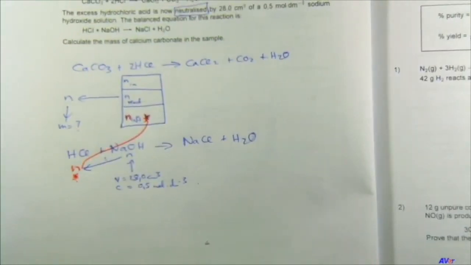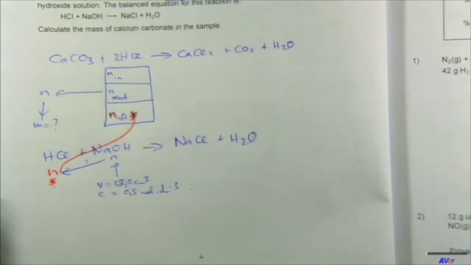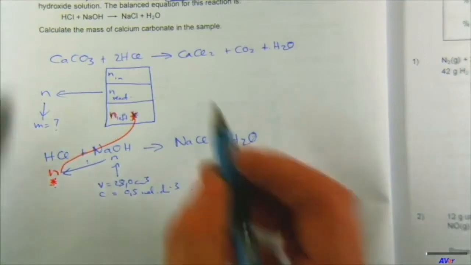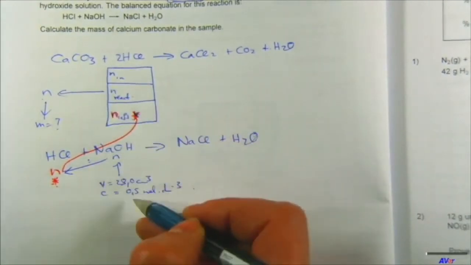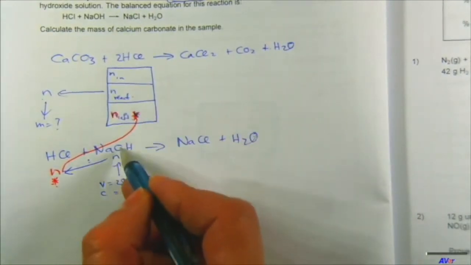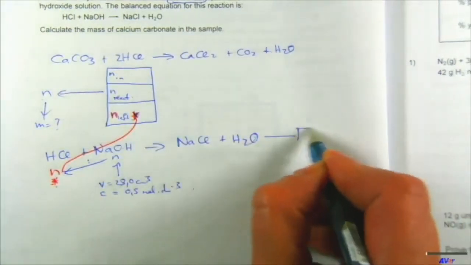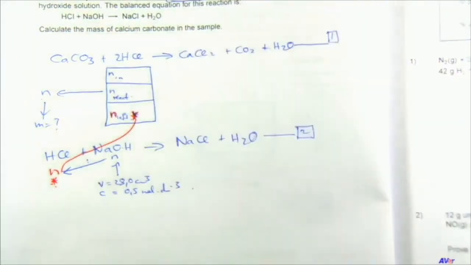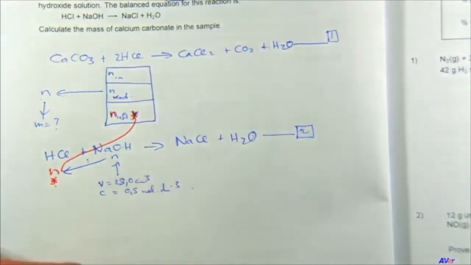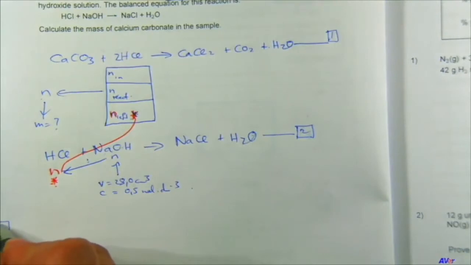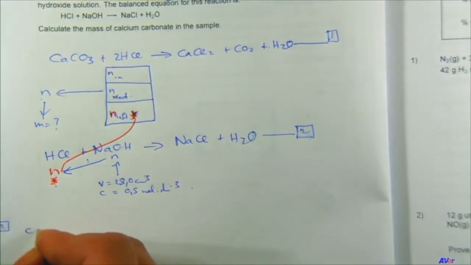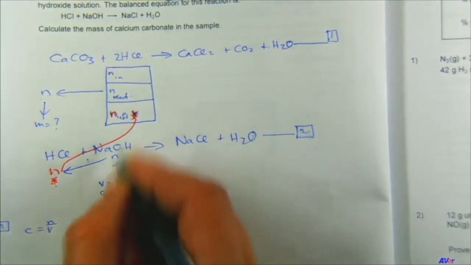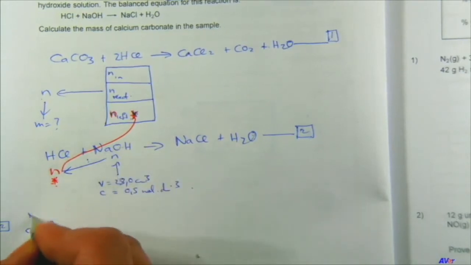Right, can I try and make it even bigger? Okay, so we're going to start over here and work out how many moles of sodium hydroxide in this second reaction. So always think about what's happened in the second, what's happened in the first. Now we're going to start with the second reaction, and we're going to say concentration is moles per volume. I'm working with the NaOH.